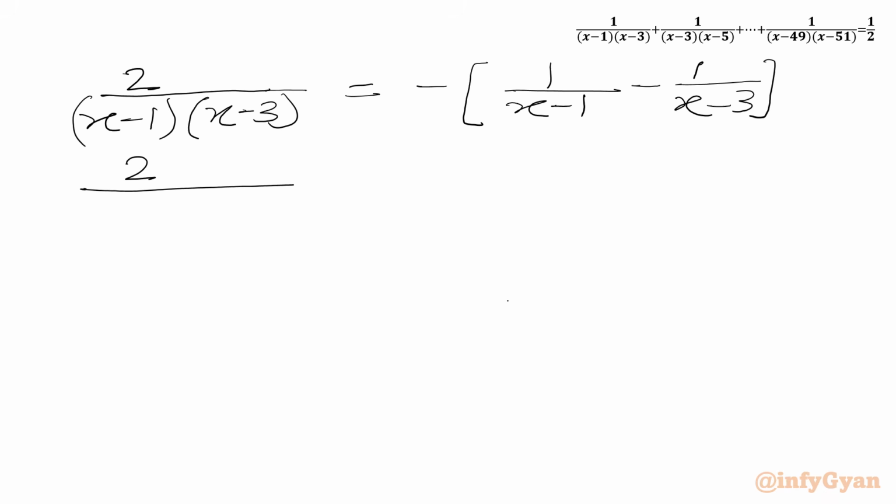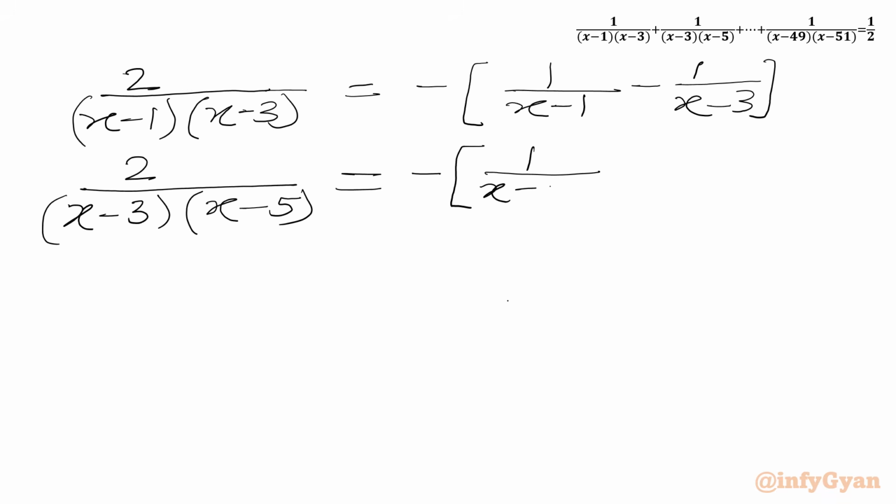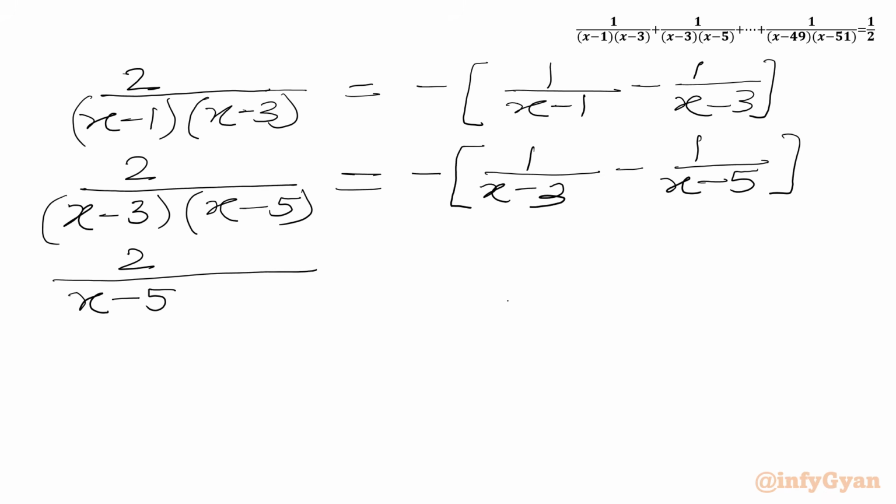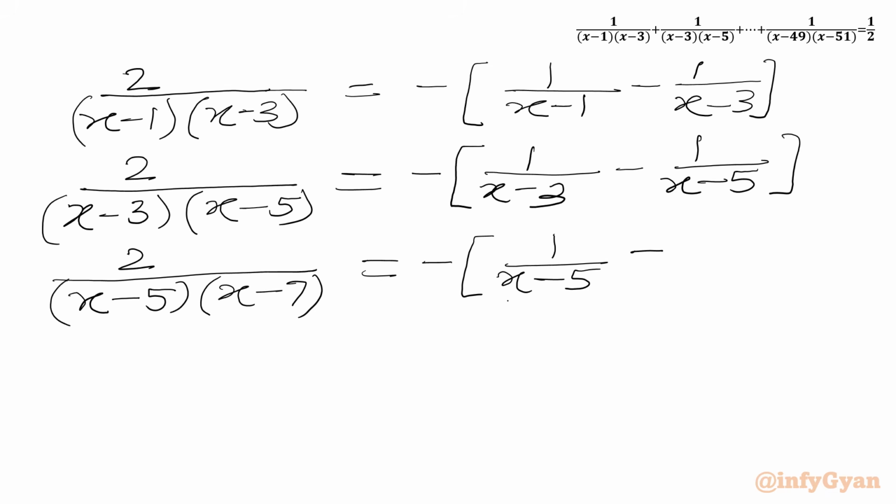Then we have the second term 2 over (x minus 3)(x minus 5). In the same way we can write minus of, in the bracket, 1 over x minus 3 minus 1 over x minus 5. Let's write one more term: 2 over (x minus 5)(x minus 7) will be equal to minus of 1 over x minus 5 minus 1 over x minus 7.